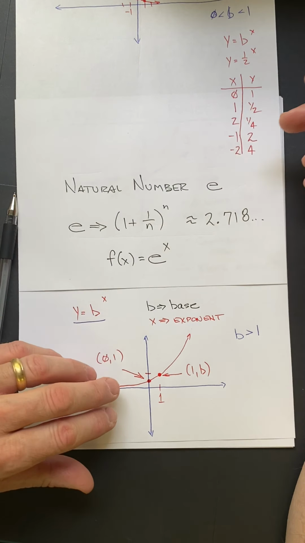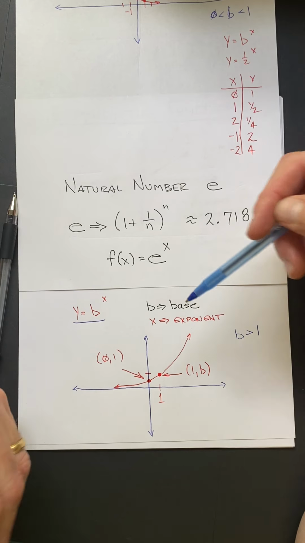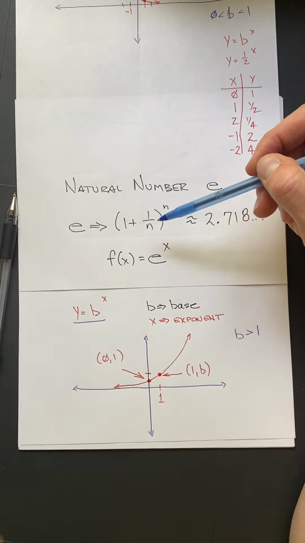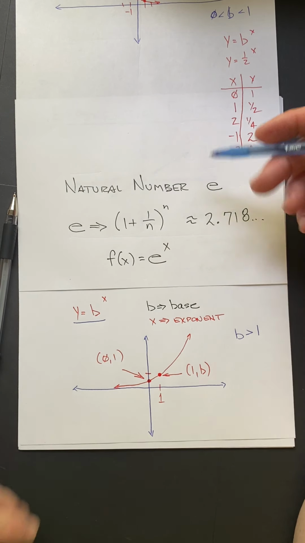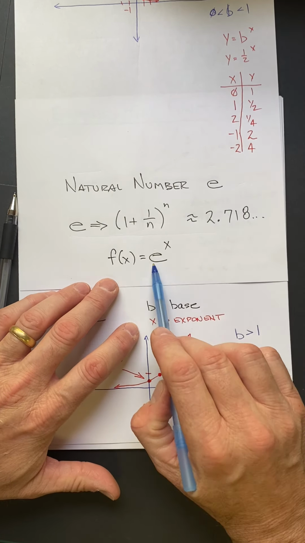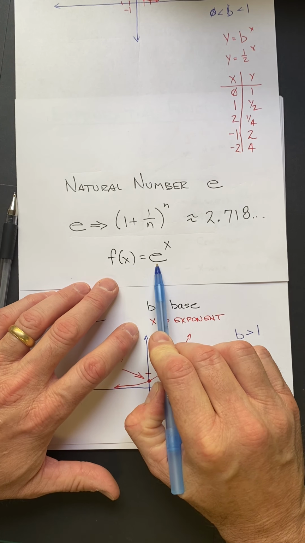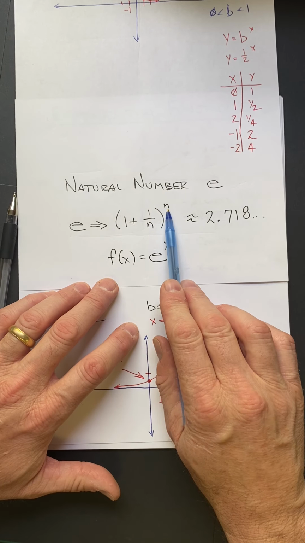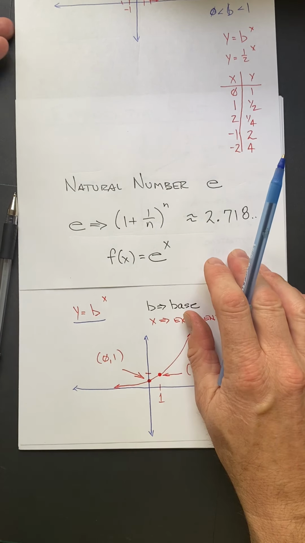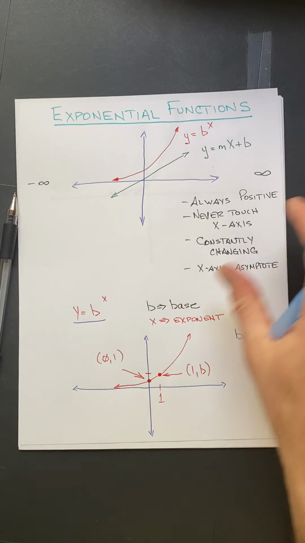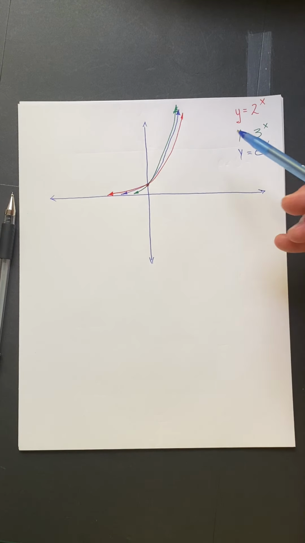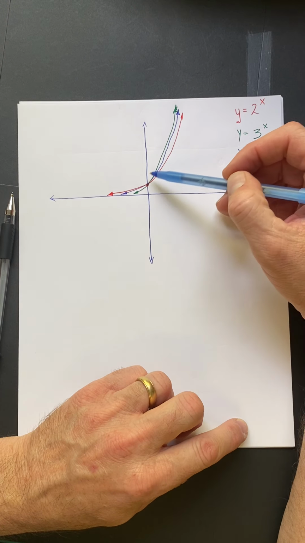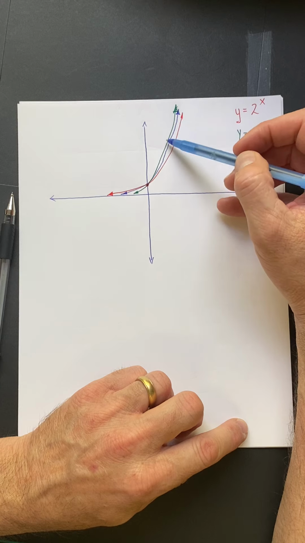Then we talked about this natural number. I'm introducing it because you're going to be using it. This formula here is how to calculate it, but we are just going to use the representation of e in our equations. We're not going to be calculating it out for a value of n. And then we talked about this relationship between functions: the larger the base, the steeper my change occurs.